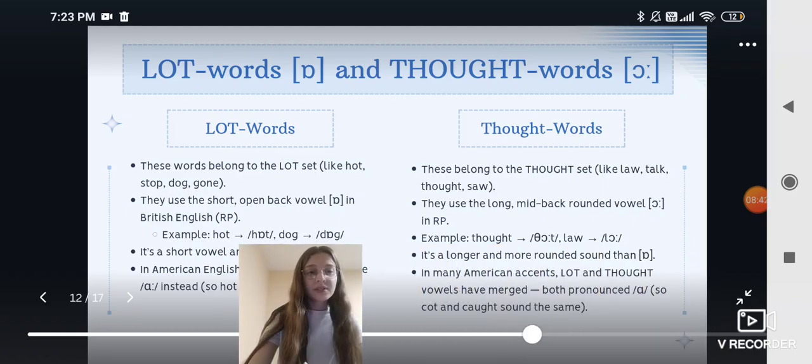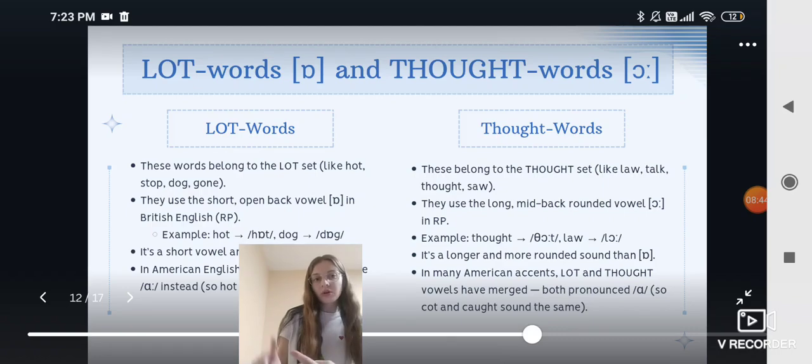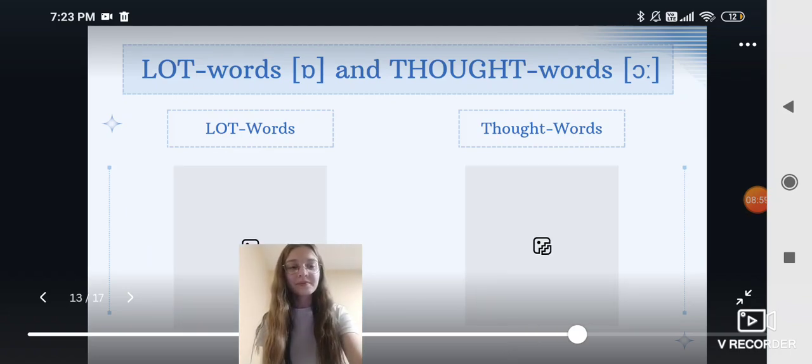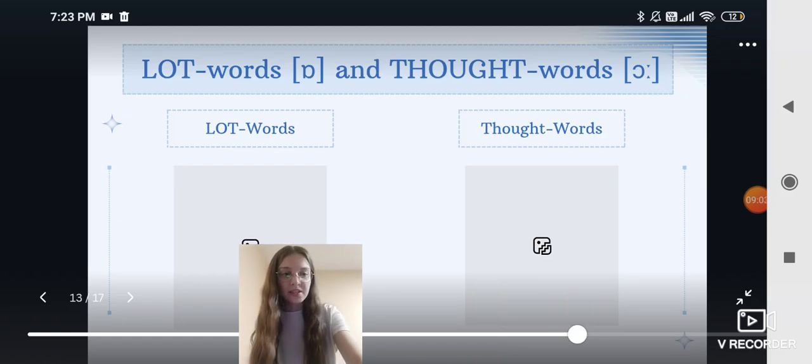These belong to the thought set, like law, talk, thought, and saw. Again, similar to the lot vowel, people using American English don't pronounce the thought vowel commonly. We have some examples here, but we cannot see them due to the internet connection right now.